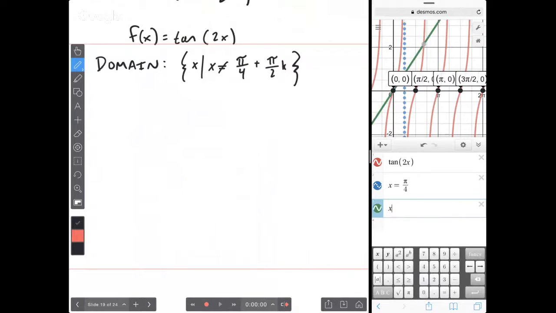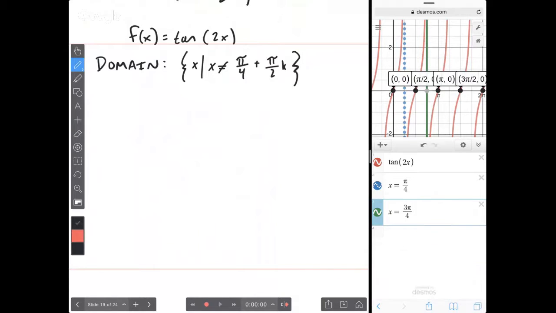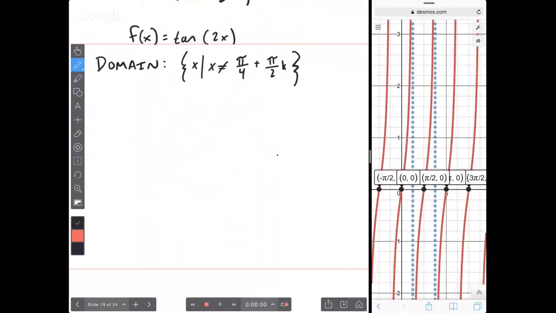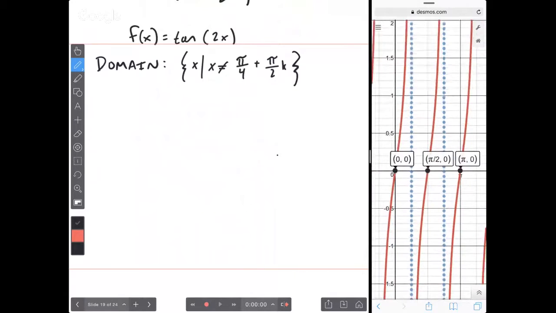And again at x equals pi over 4 plus, so really 3 pi over 4. Cool. So there I got domain, which also told me about asymptotes, and range.